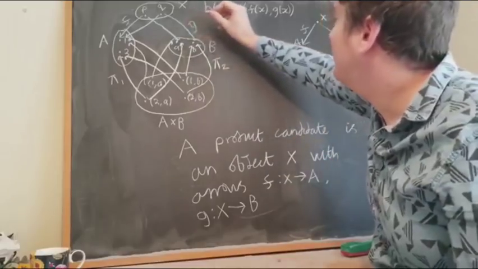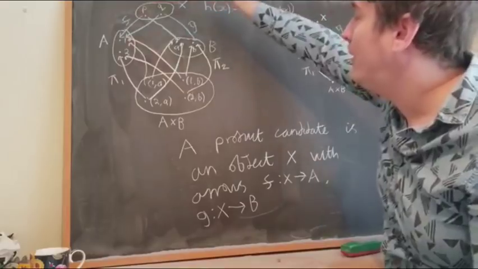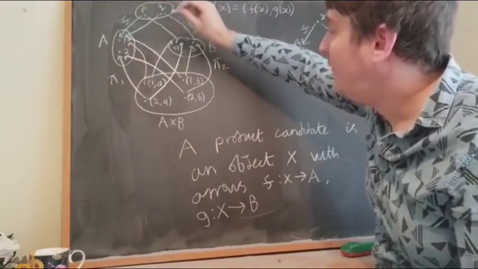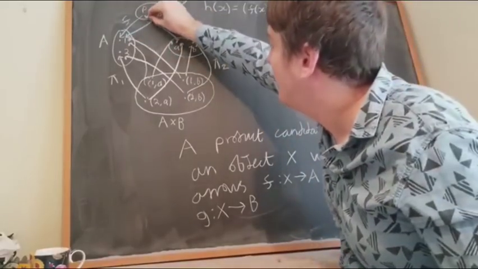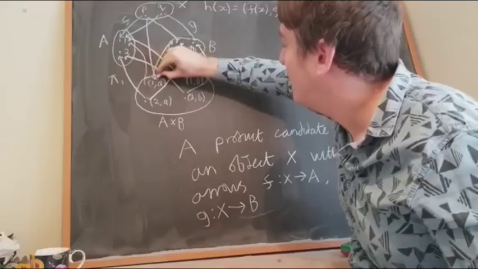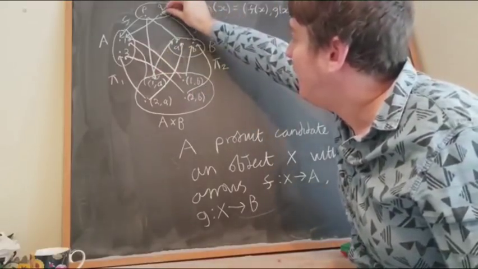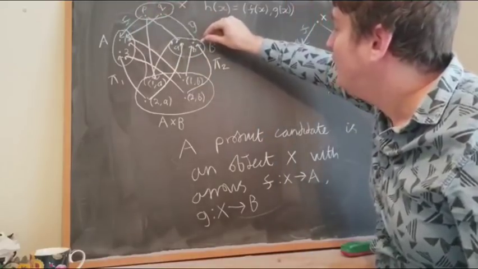So p here gets sent to 1 under f, and it gets sent to a under g. So let's send p here to (1, a). And q here gets sent to 1 under f and b under g.